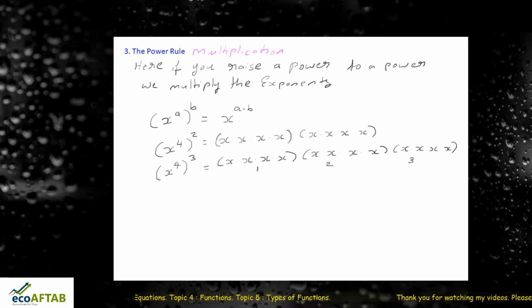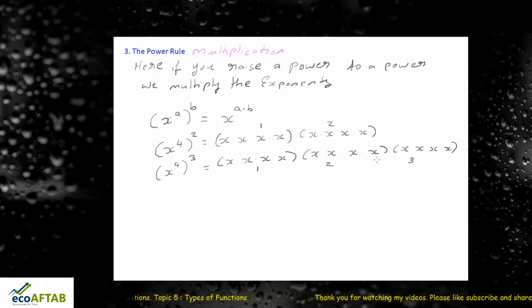So x to the power 4 once, x to the power 4 twice, and x to the power 3 is cube. I'm very sorry, it's not square root, it is square. So x to the power 3, what we are doing, we are multiplying x raised to power 4 3 times, then it becomes x raised to the power 4 raised to the power 3.